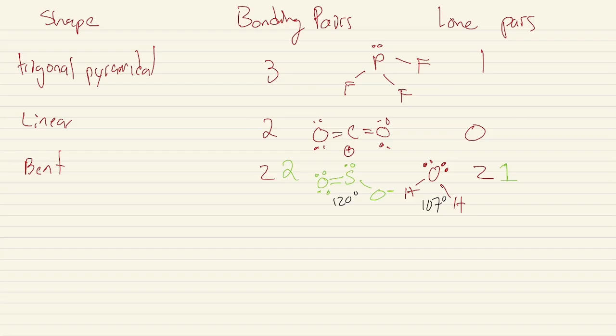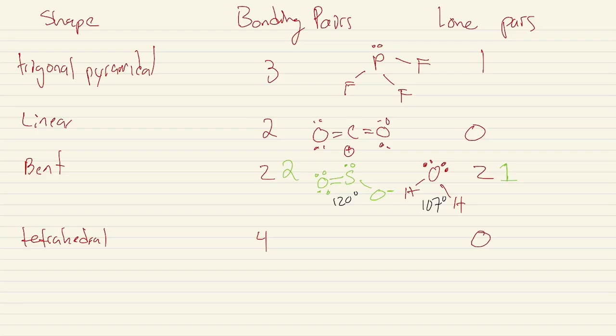All right, what other shape do we have? We had a tetrahedral molecule. We had tetrahedral. And so tetrahedral has how many bonding pairs? 4 bonding pairs. And how many lone pairs? 0 lone pairs.